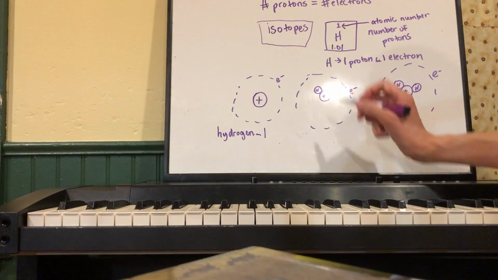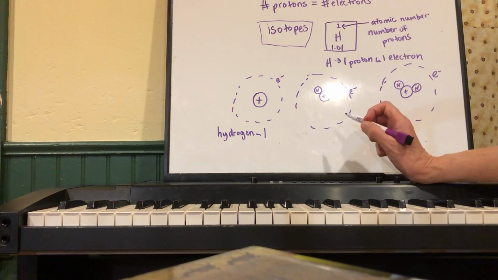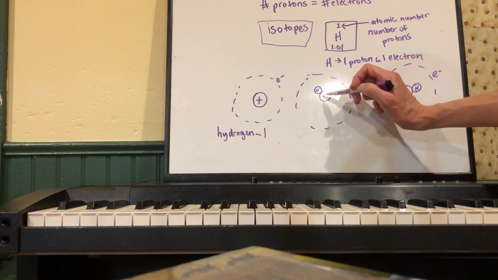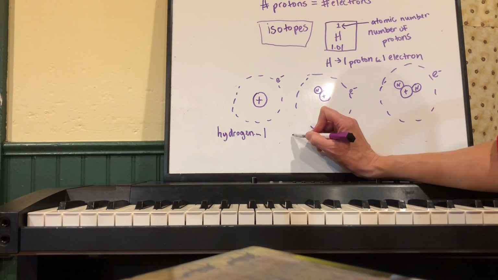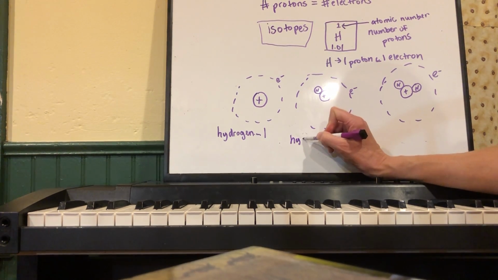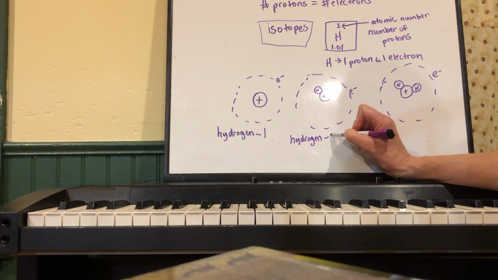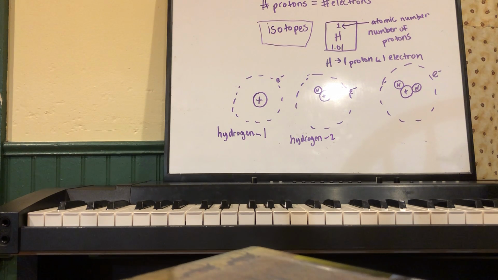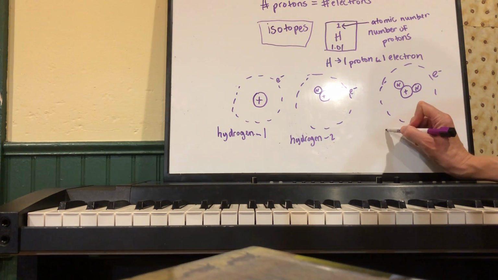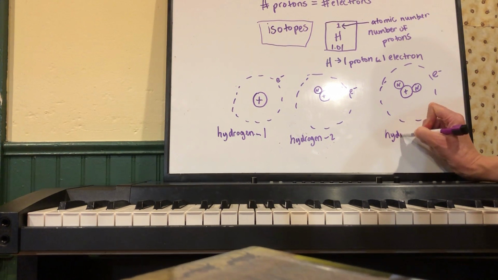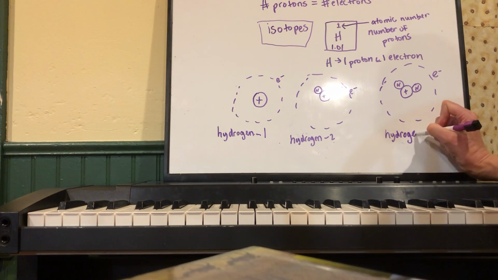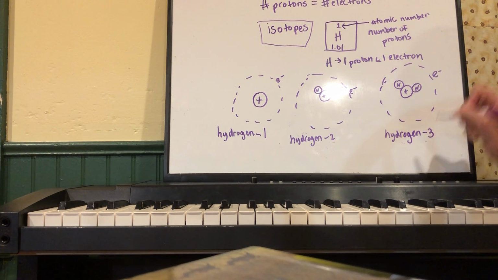Hydrogen dash 1. This one, because the mass number is 2, it has 1 proton and 1 neutron. This will be hydrogen-2. And this last one over here is going to be hydrogen-3 because its mass number is 3.